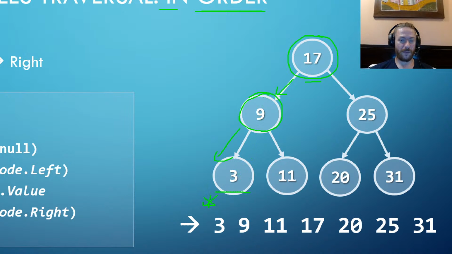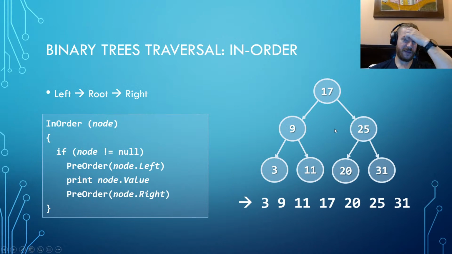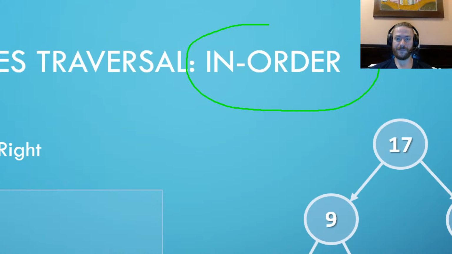Then we print the parent of the tree, so 9, and then we go to the right. Then we go back. We completed the left part of the 17, so we print the 17, and then we go to the right again. So the important part here is that we first go to the left, print the left part of the tree, then we print the parent of that subtree, and then we go to the right. That's in-order.